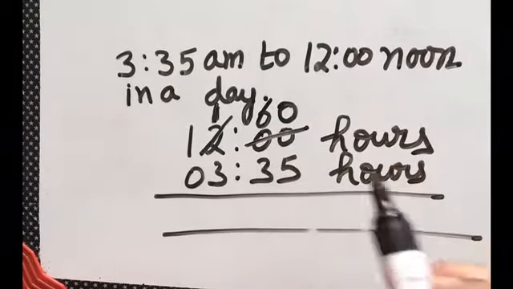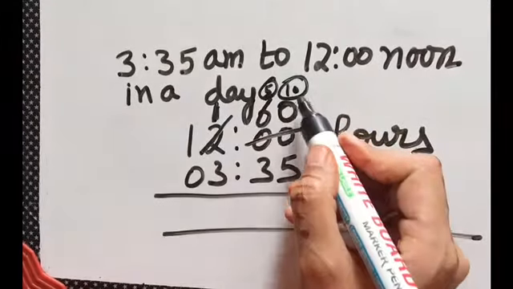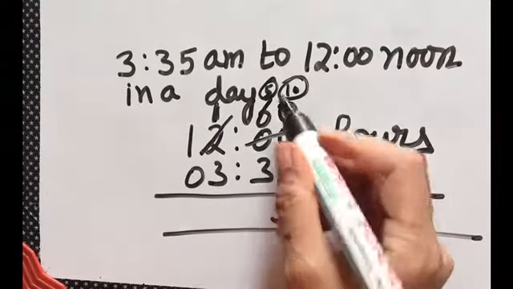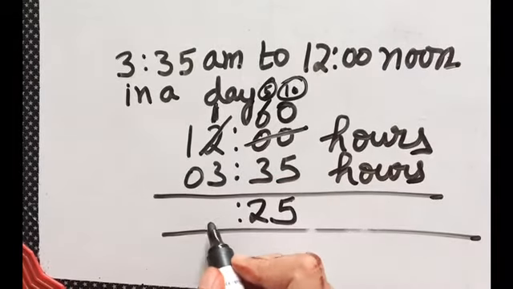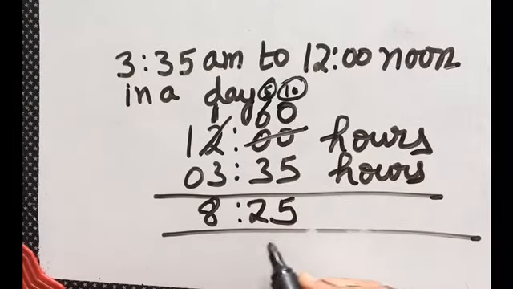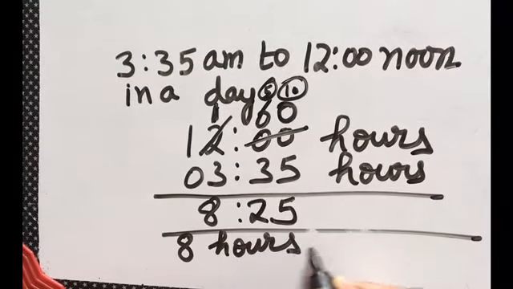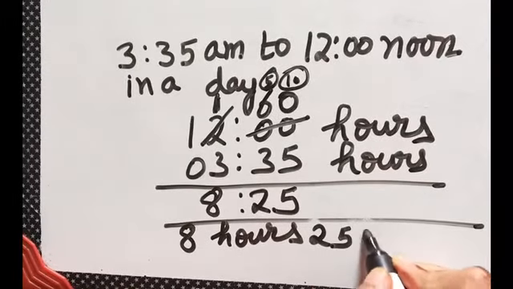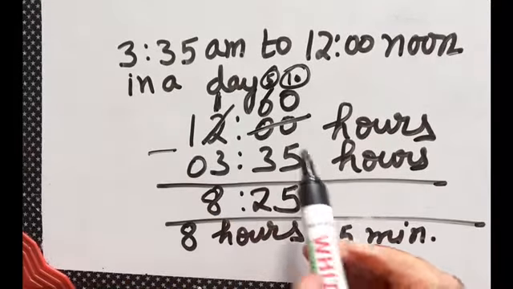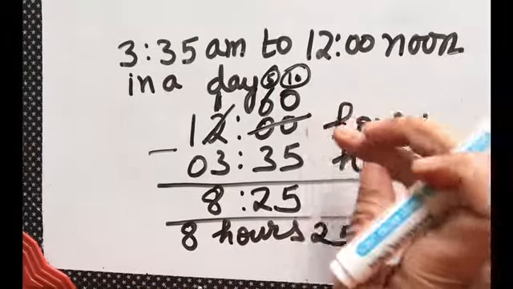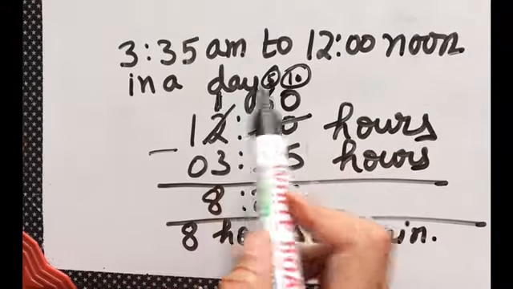So now you can easily subtract. 60 minus 35 is 25, and 11 minus 3 is 8. So your answer will be 8 hours 25 minutes. Fine. So while subtraction, take care of this thing. You cannot subtract larger minutes from the smaller ones. So you will have to convert hours into minutes before subtraction.